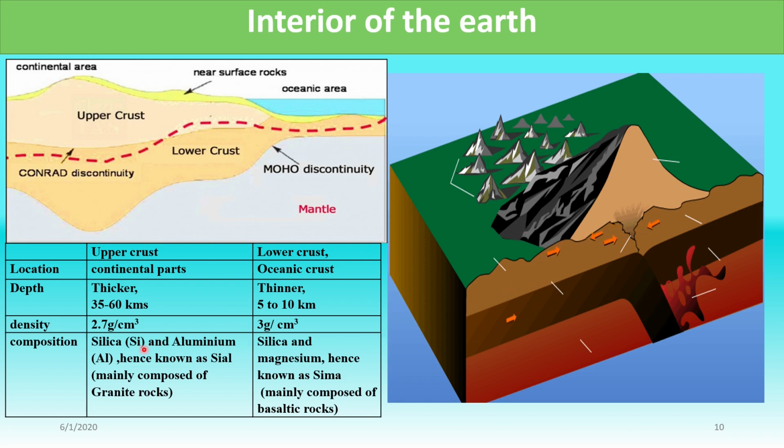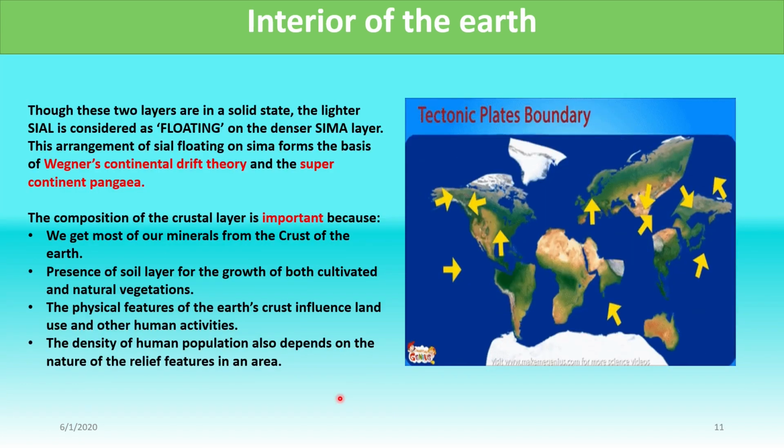Composition of the upper crust: silica and aluminium, that's why it is called SIAL. Actually, it is mainly composed of granite rocks. Lower crust contains silica and magnesium, hence it is known as SIMA, mainly composed of basaltic rocks.